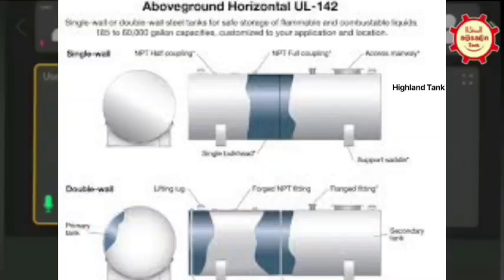UL 142, I think, is for hazardous storage tanks, rectangular or double wall. Yes, flammable tanks. We can use double wall or single wall; both options are there. But is it for underground or aboveground?